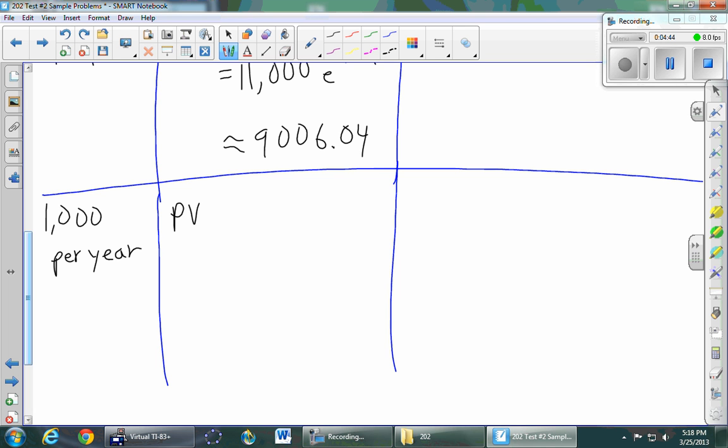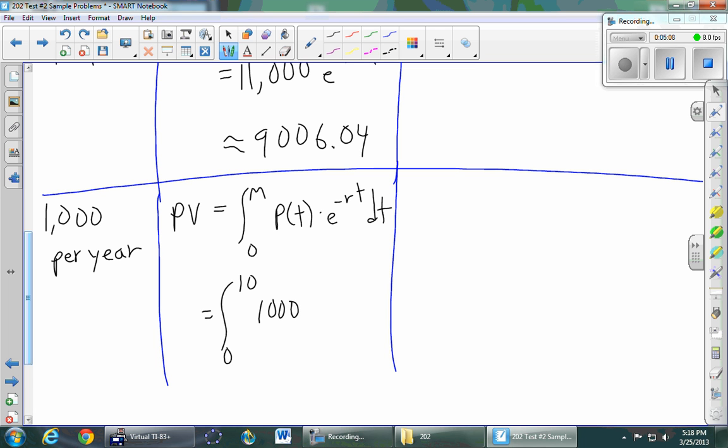So here it is. Present value is equal to the integral from 0 to m, where m is the number of time units that pass, p of t, where p of t is the income stream, e to the negative rt dt. So we'll plug stuff in, integral 0 to 10 years. The income stream is $1,000 per year. That could have t's in it.